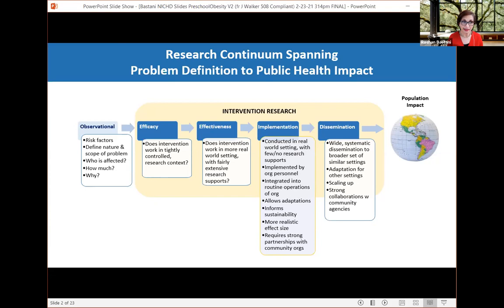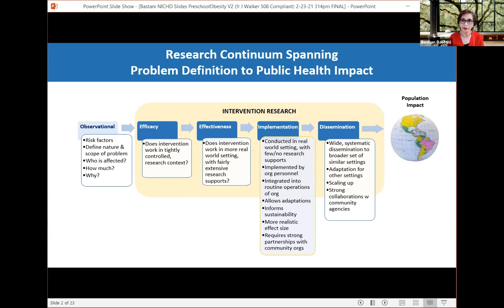conducted in a real world setting. Very important to have collaboration with a community entity that is going to implement the intervention and sustain it beyond the end of the grant period.